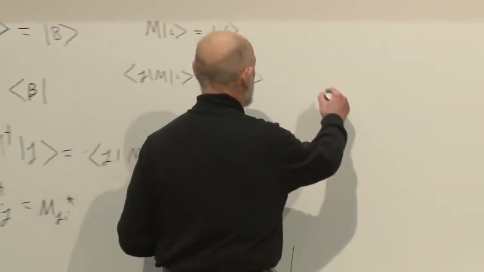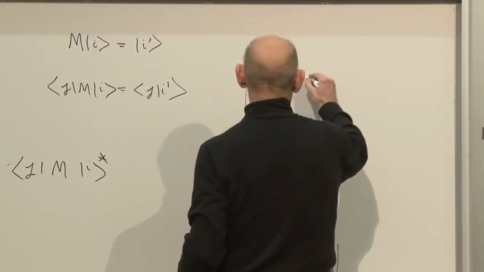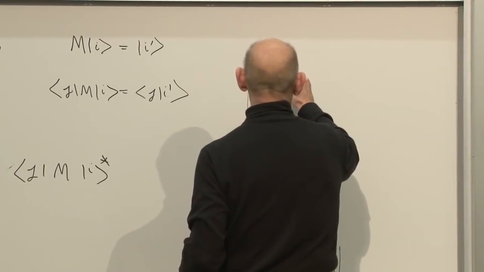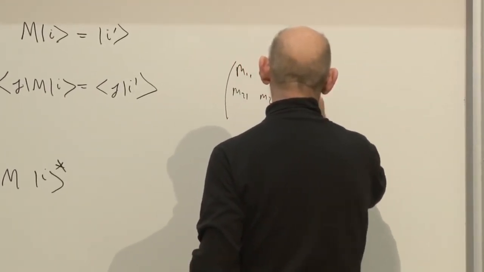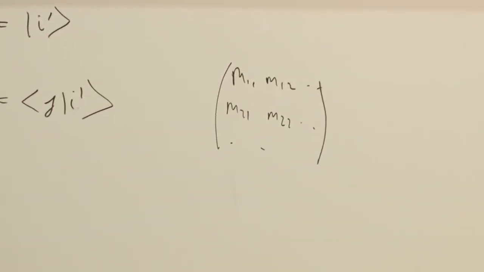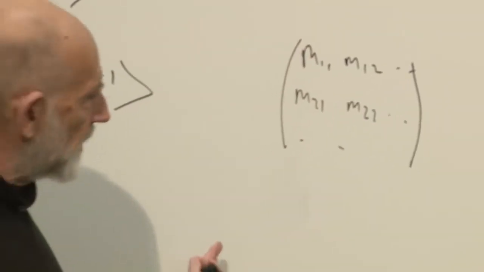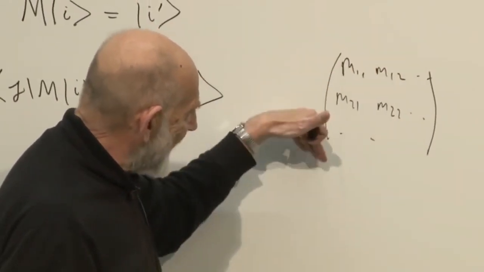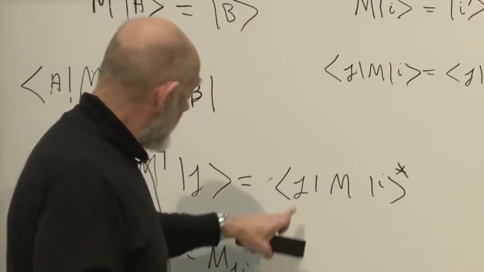In terms of matrices, this is an easy way to remember it. If I have a matrix, M11, M12, dot, dot, dot, M21, M22, and that's the matrix representing M, then the matrix representing its Hermitian conjugate is to simply interchange rows and columns. That means reflecting it about the diagonal and then complex conjugating.